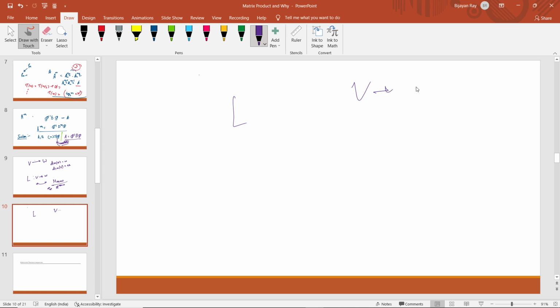V has, say, basis vk cap. Okay, these are one basis of V. Now there exist multiple bases actually. Similarly for W I define wk as the basis.